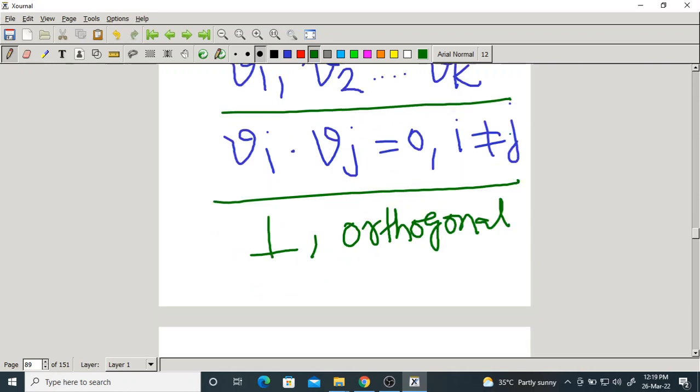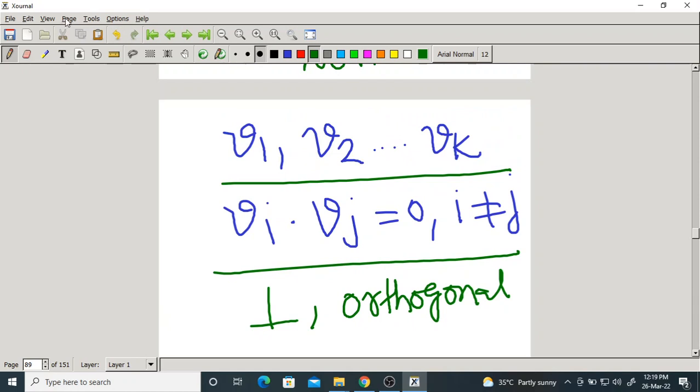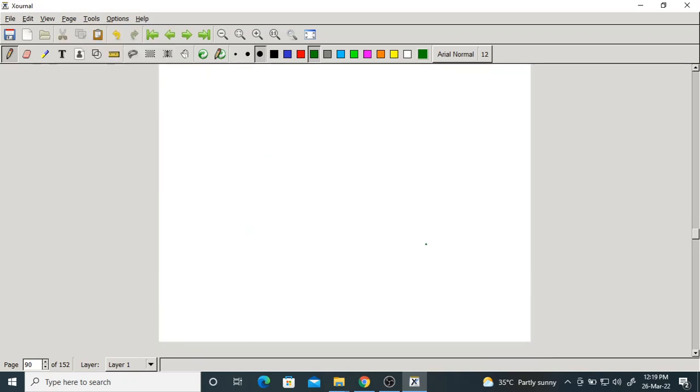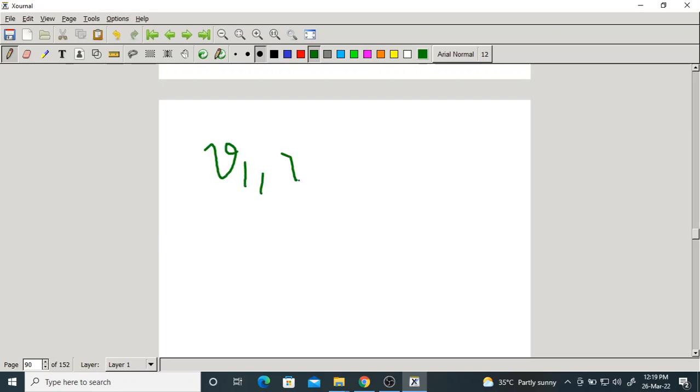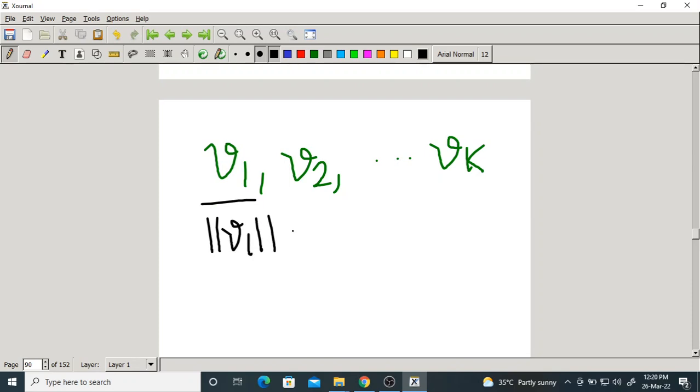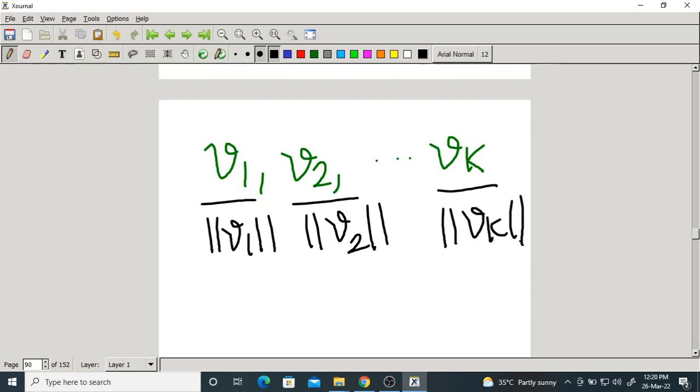Now how to make them orthonormal? Suppose v1, v2, so on, vk are a set of vectors which are orthogonal already. How to make them orthonormal? Just divide each with its magnitude, which is called the norm.